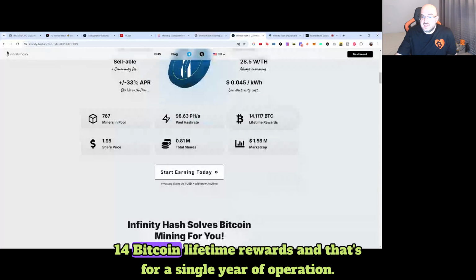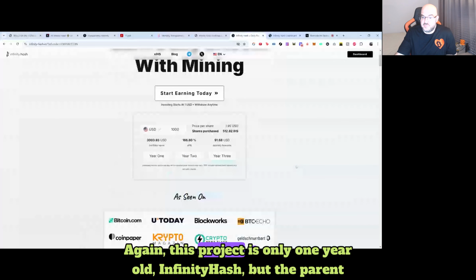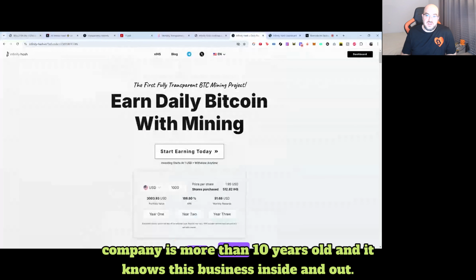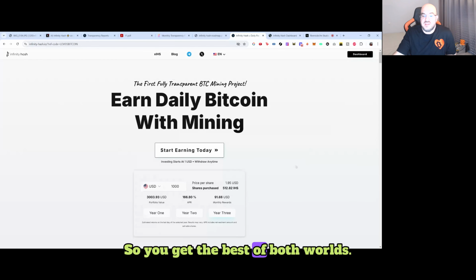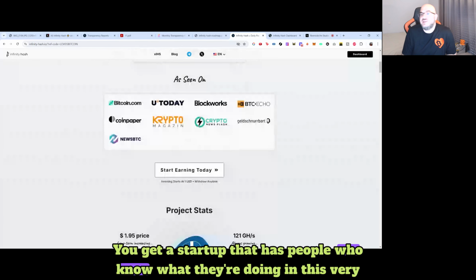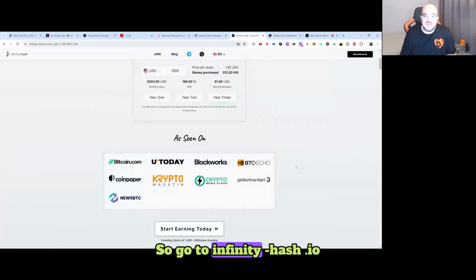As you can see, we are at 14 Bitcoin lifetime rewards, and that's for a single year of operation. Again, this project is only 1 year old, Infinity Hash, but the parent company is more than 10 years old, and it knows this business inside and out. So you get the best of both worlds. You get a startup that has people who know what they're doing in this very, very competitive industry.